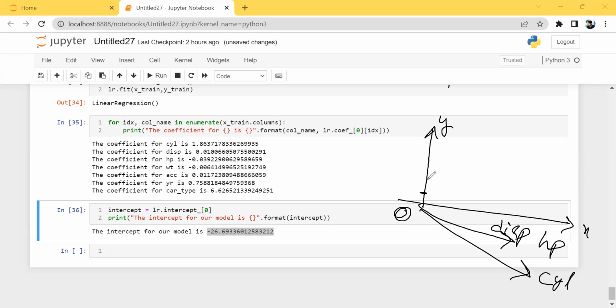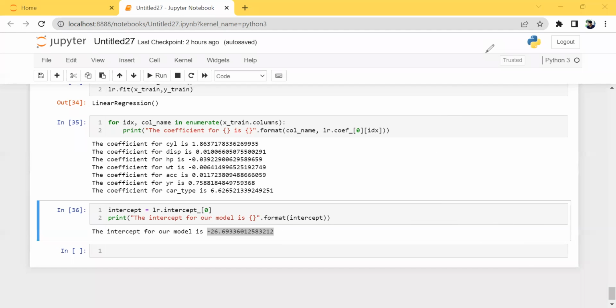Either it is 2 or 4 or 26 or what. But here, when all the x's are 0, it is showing minus 26.693, which is absolutely meaningless, right? Why? Because when all the input variables are 0, how can the value go down to minus 26.693? There is no meaning in that. So it's meaningless.